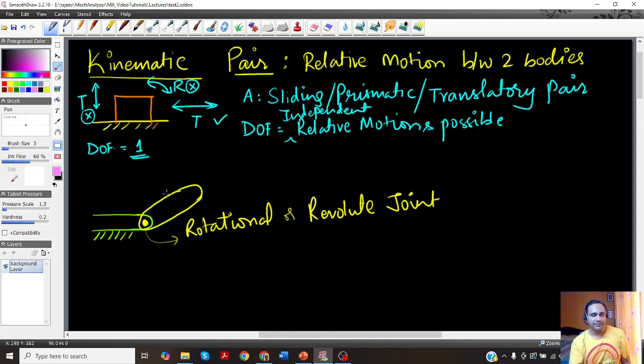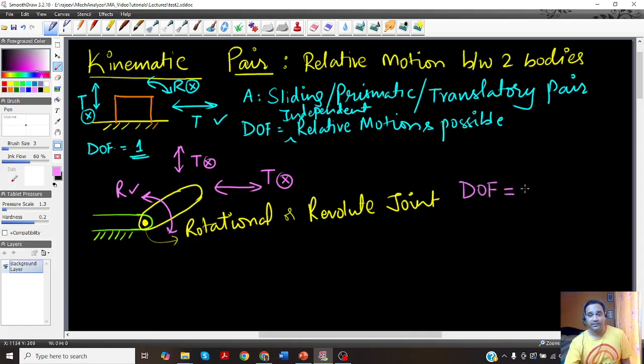So you can see that I will not be able to translate this in this manner. If I try to translate, I'll be breaking this joint. So this translation is not possible. Similarly, I can't translate vertically up because it will also break the joint. However, I can only do this rotation. So rotation is possible, right? So the degree of freedom of this rotational or revolute joint is 1.